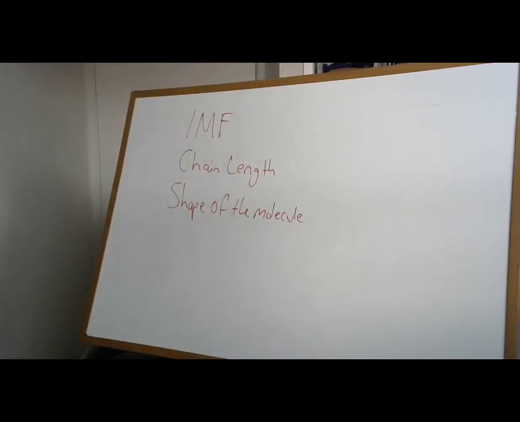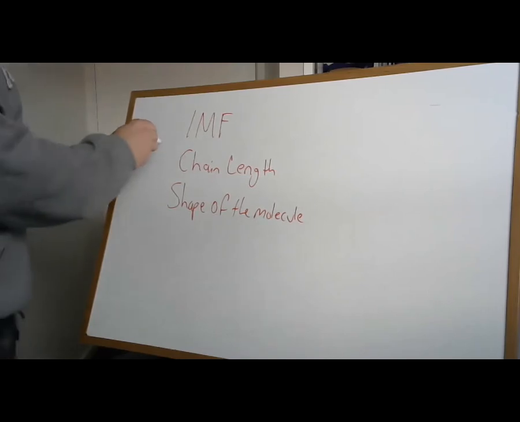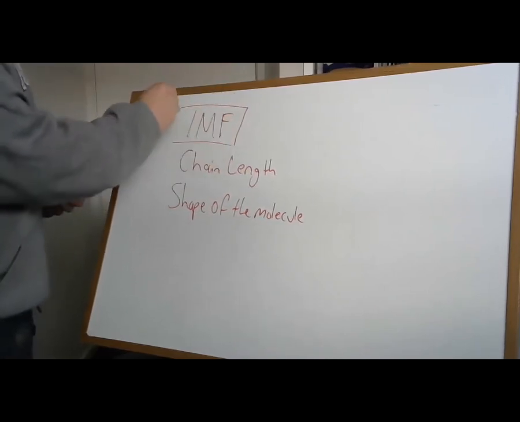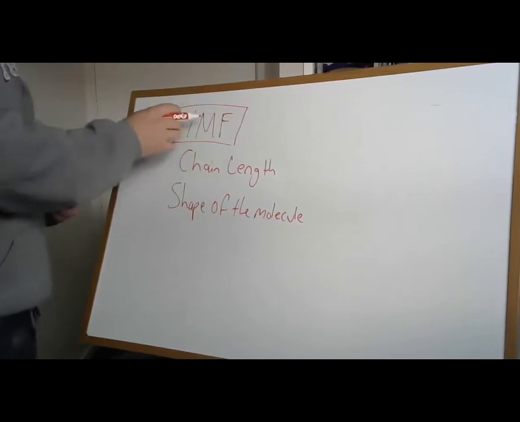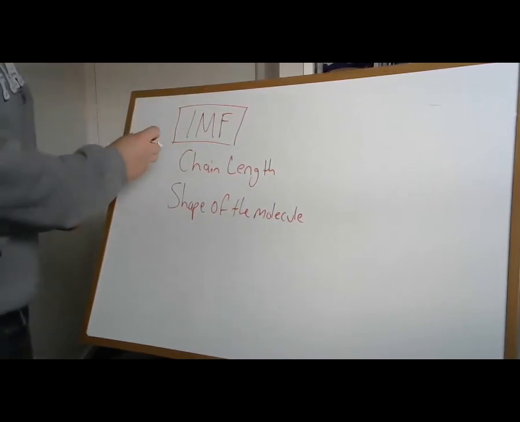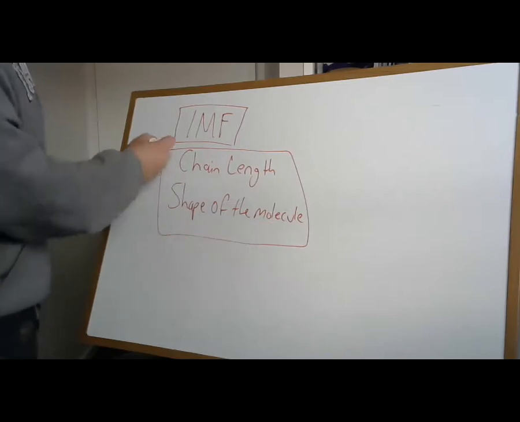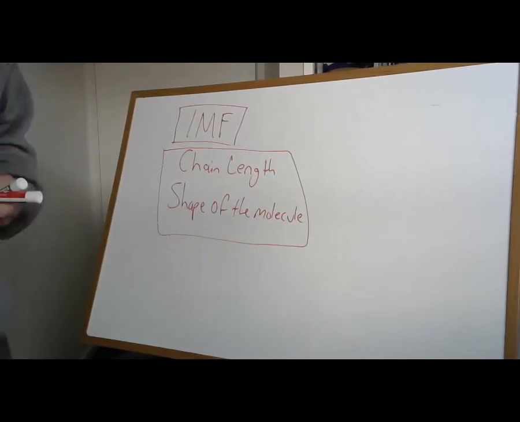So they are the things that determine, but the major one is this. This determines what is soluble in what, and these determine how much of something is soluble in something else.